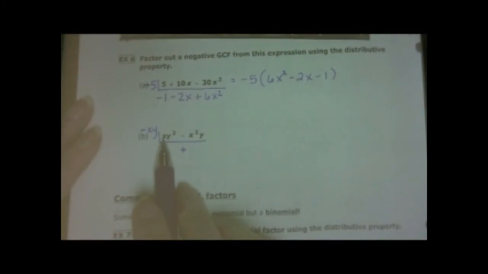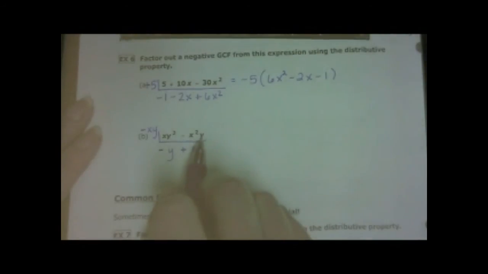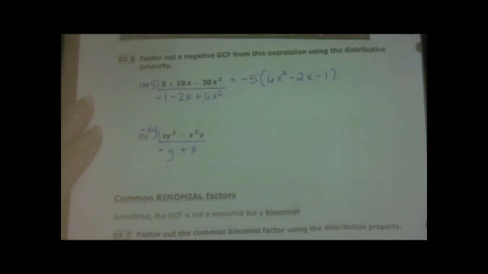When I take out 1x from 1x, I have none left. I had 2 y's, take 1 out, that gives me a y. Here I had 2 x's, I'm taking 1 out, that leaves me with an x. Here I had a y and I'm taking it out, so I have no y's.